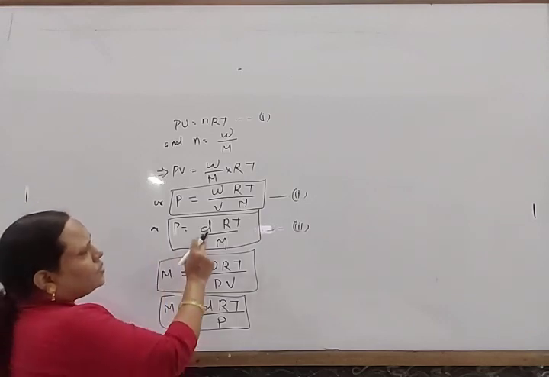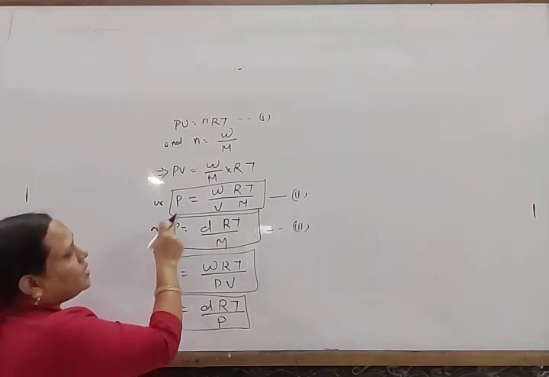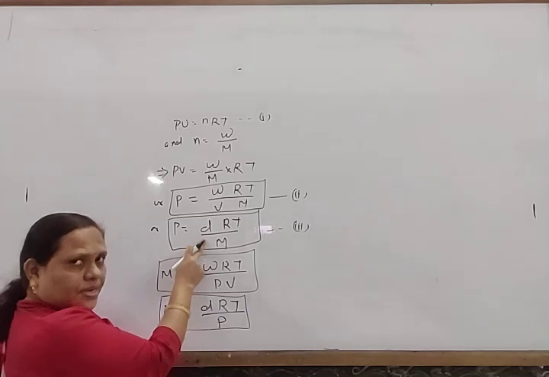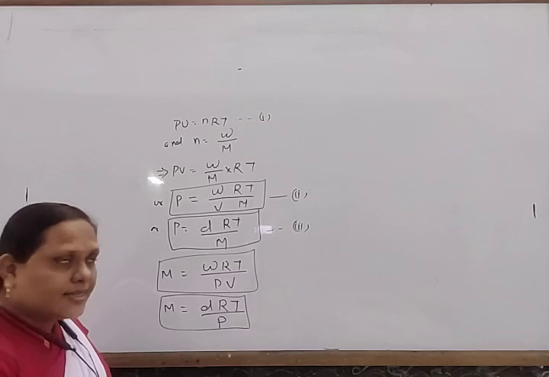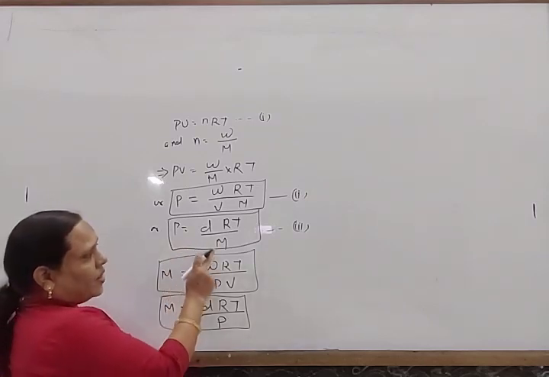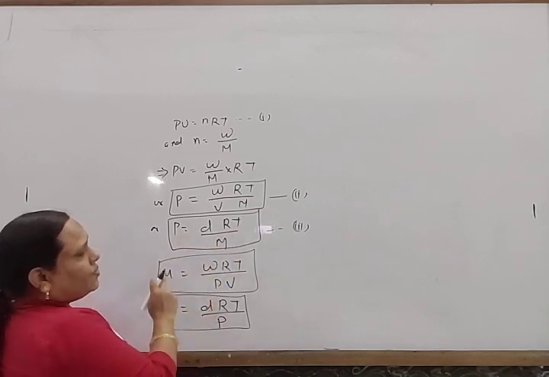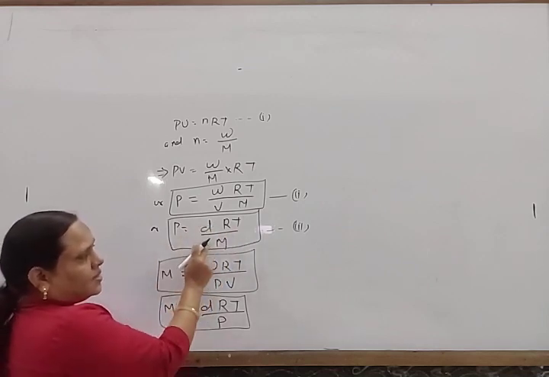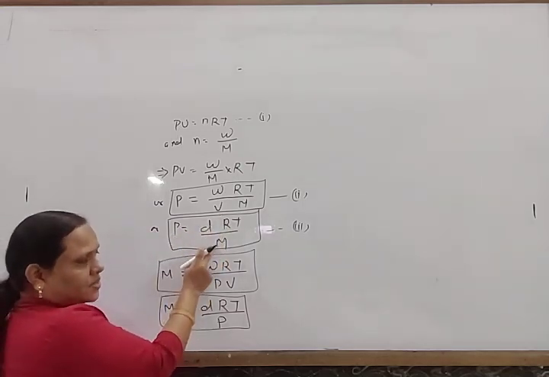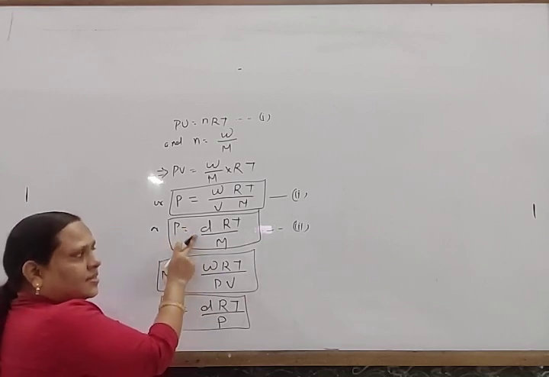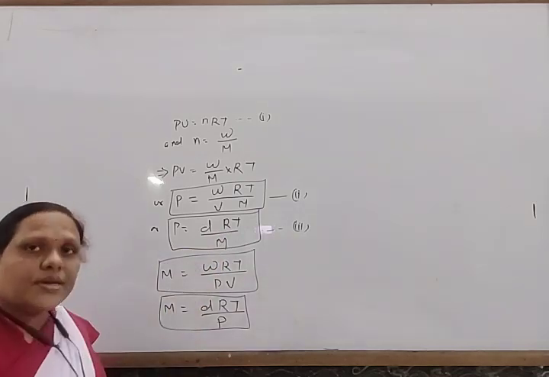In this way, you can find the relationships. You can also find the relation between pressure and density. Pressure is directly proportional to density, and generally by increasing pressure, density increases. Another relation is between density and temperature. If you write PM equal to dRT, and R is a constant, if pressure and mass are constant, then density is inversely proportional to temperature.